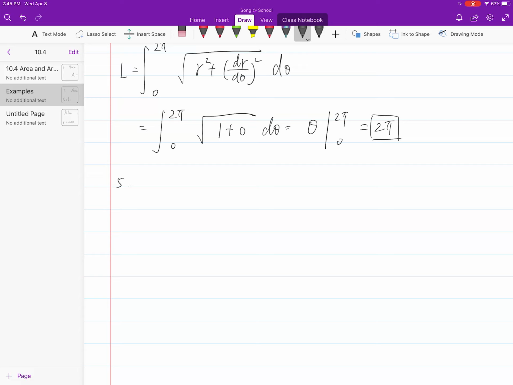Now let's try this one. Let's find the arc length of one leaf of r equals cosine 2θ.